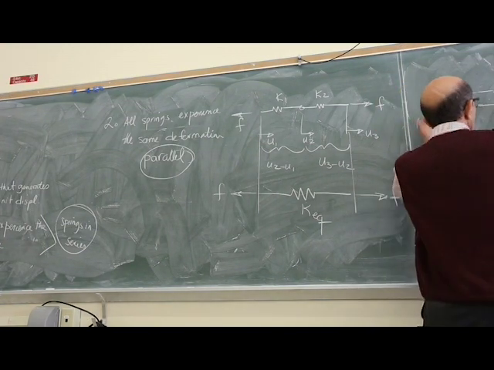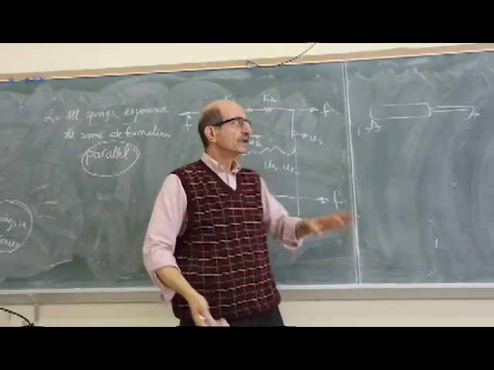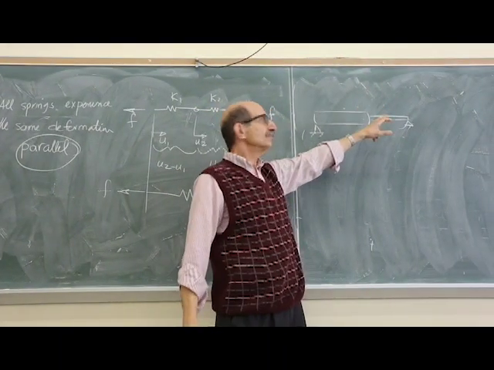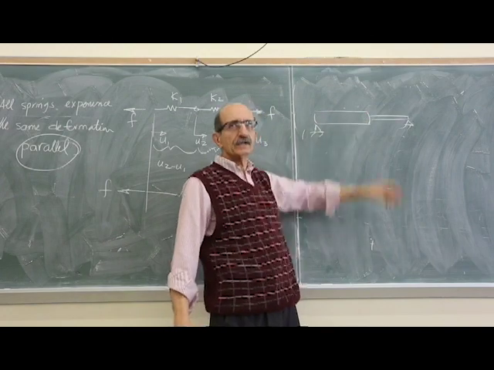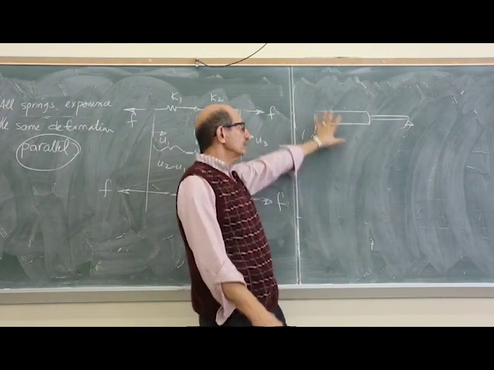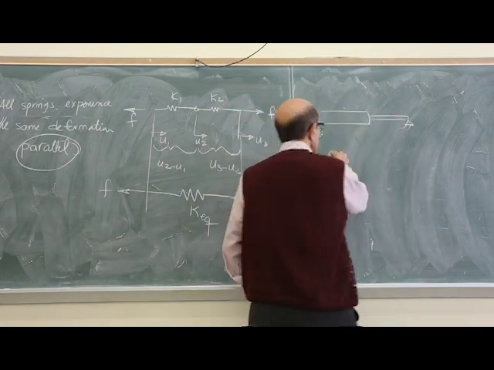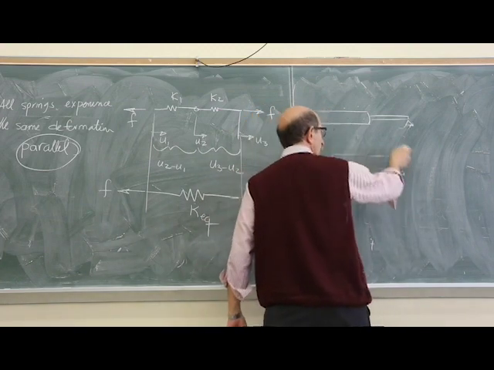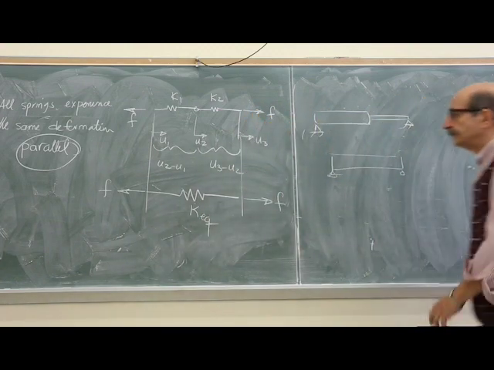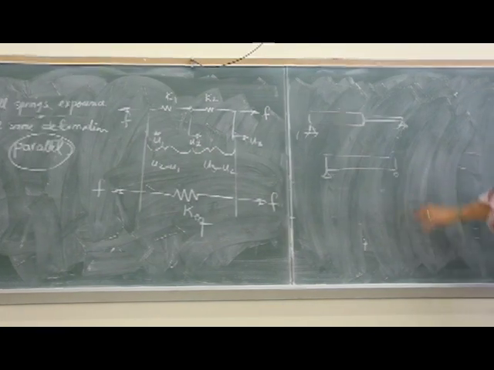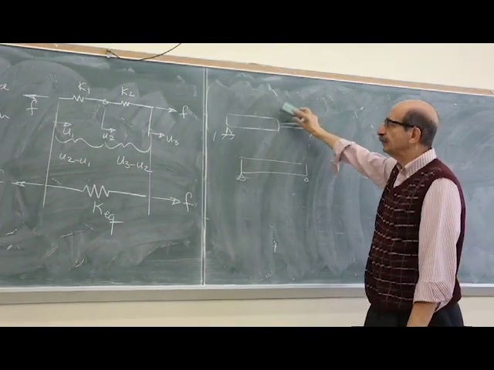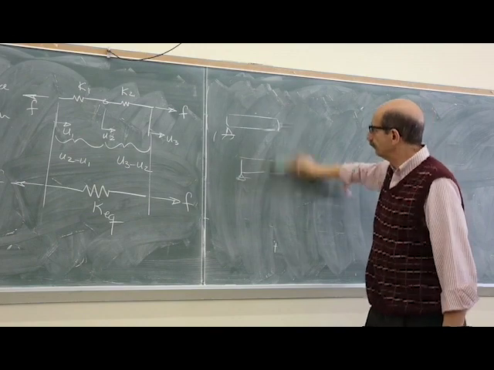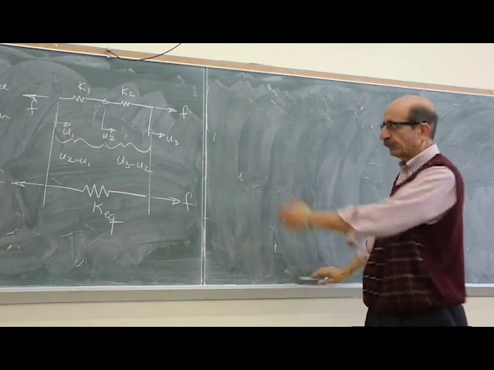You have a non-prismatic structure. This is different in diameter than this one. So is it possible to replace both of them with a single shaft, which requires that we find the stiffness of this that would be equivalent to the combination of these two? That's what we're trying to do here.